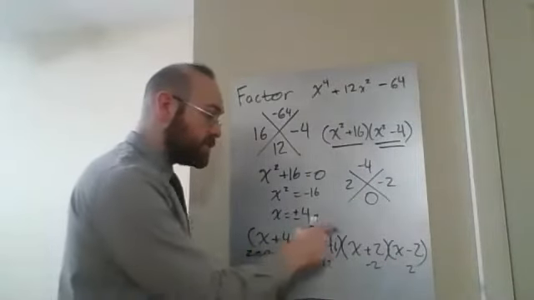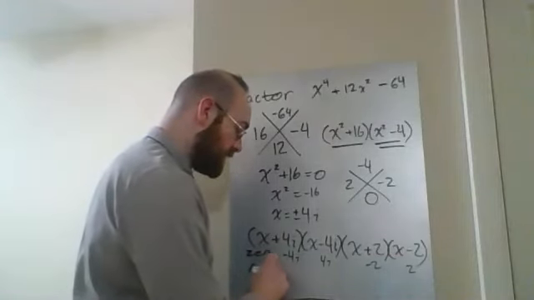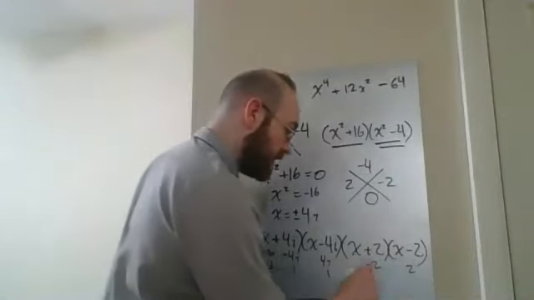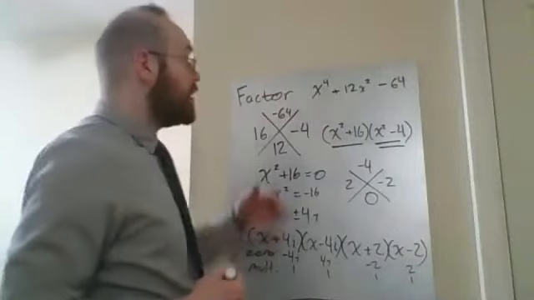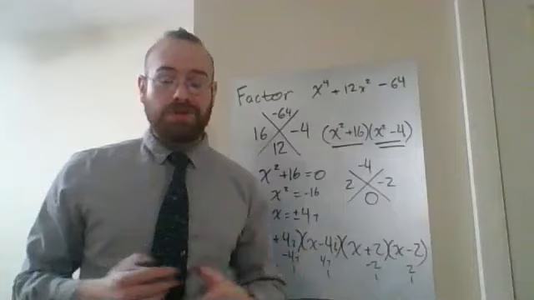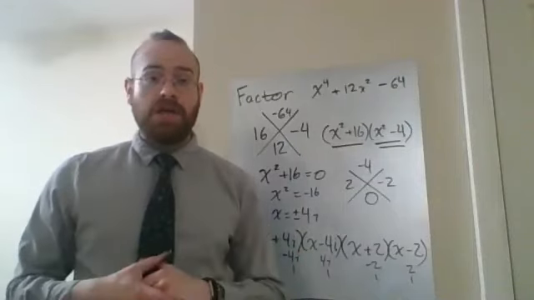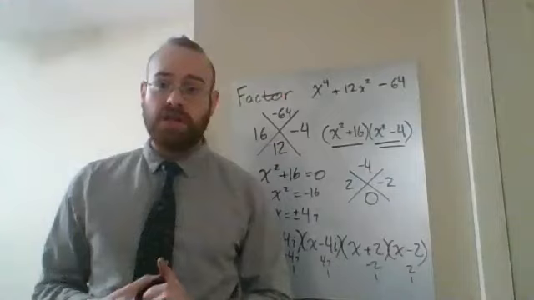And since the exponent for all of them is 1, the multiplicity of each zero is also 1, which makes sense. If we have 4 distinct zeros in a 4th-degree polynomial, then the highest multiplicity that they could each have is 4, because the sum of our multiplicities has to add up to the degree of our function.